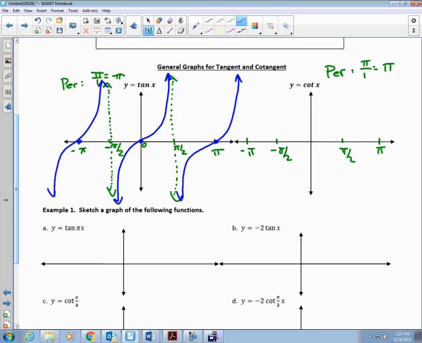Now, is cotangent equal to 0 at the period spots, or is it undefined at the period spots? So therefore, I have to draw vertical asymptotes through the period spots.